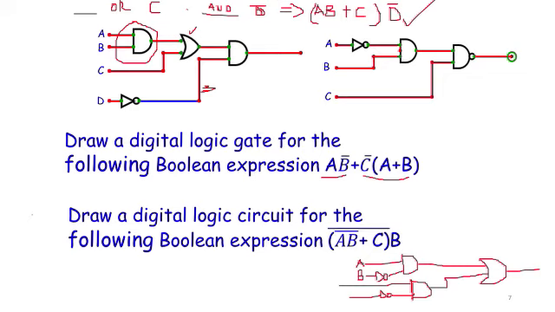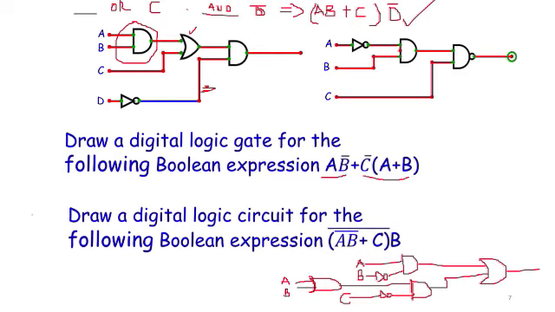And so this is your C, and then you have to create your A and B. So this is OR. Take note, this is OR. So that OR is now your A and B. This is your A and B.